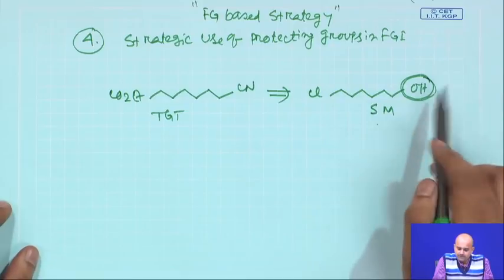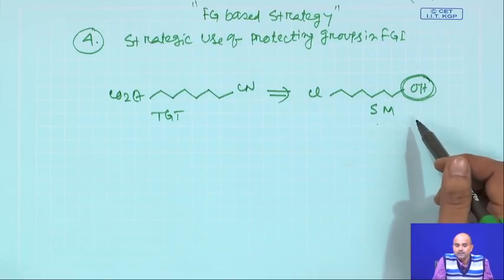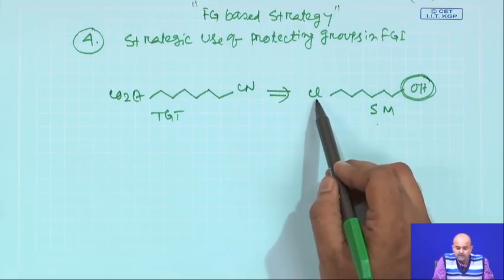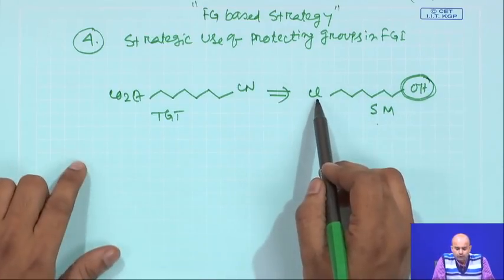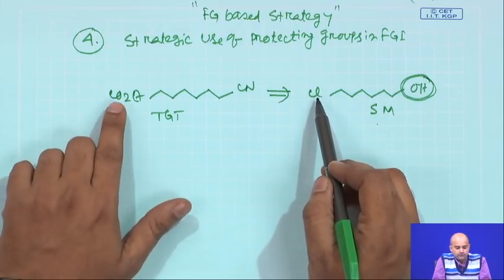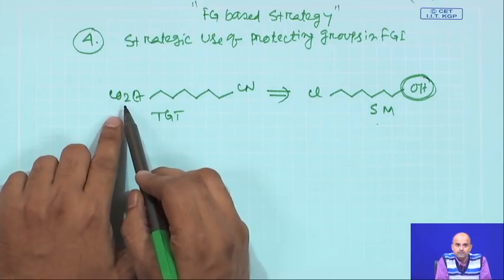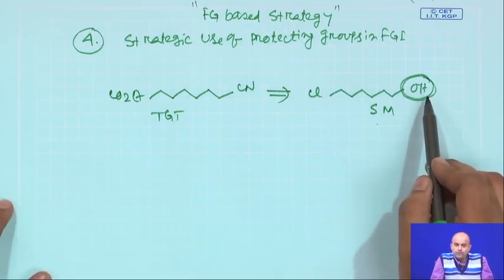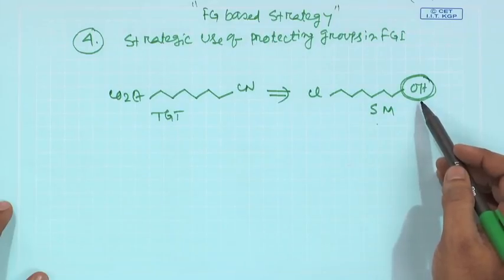The free OH has an acidic hydrogen, so you cannot use base or some other reagents. For example, you cannot generate a Grignard species here, which could be quenched with carbon dioxide to give the corresponding carboxylic acid. If you have a free OH, you cannot generate a Grignard because the Grignard will be immediately quenched by this alcoholic acidic hydrogen.